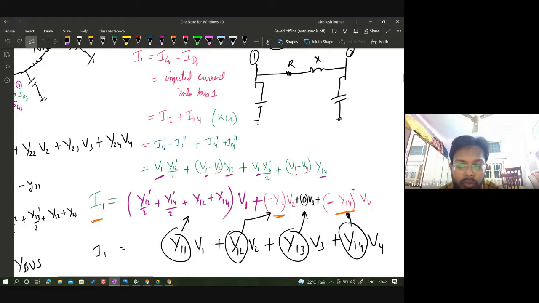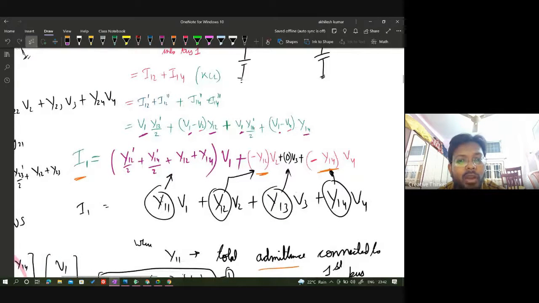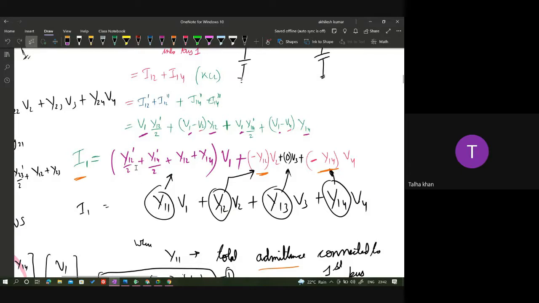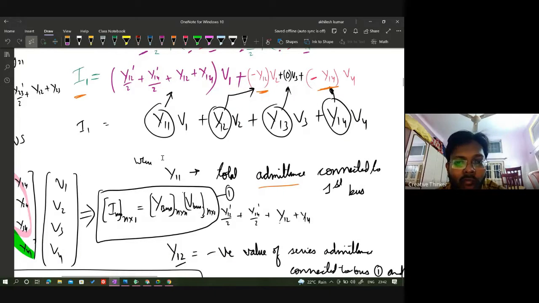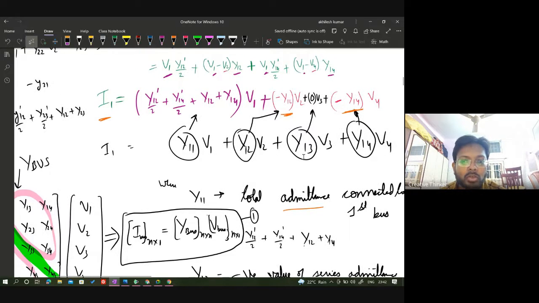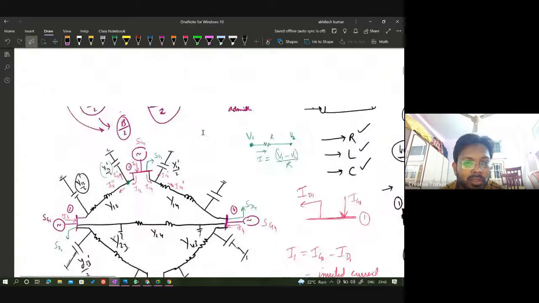So this whole thing I'm calling Y11. This one I'm calling Y12, this Y13, this Y14. Now I'm defining Y11: it is basically the total admittance connected to bus 1. At bus 1, how many admittances are connected?